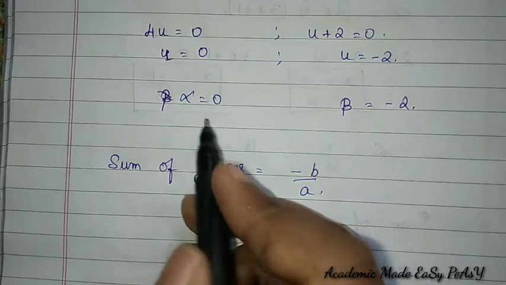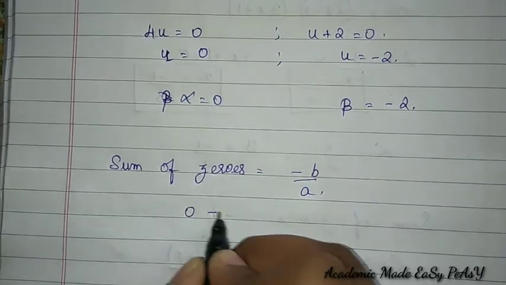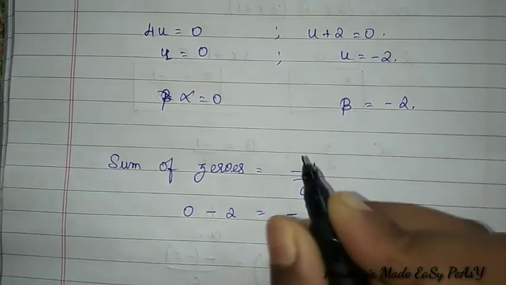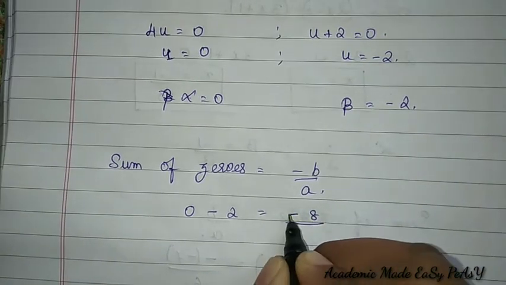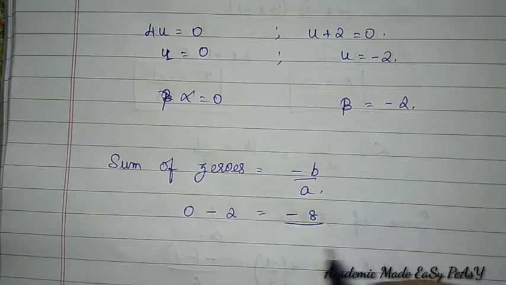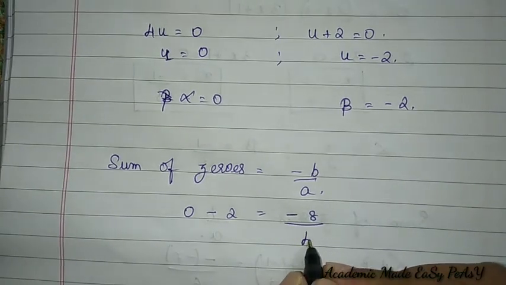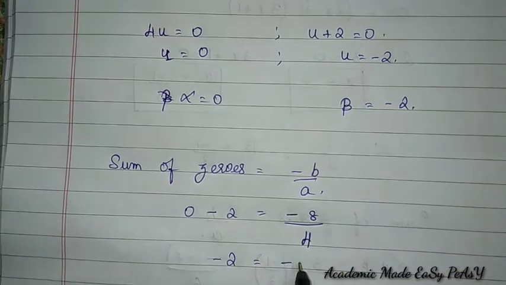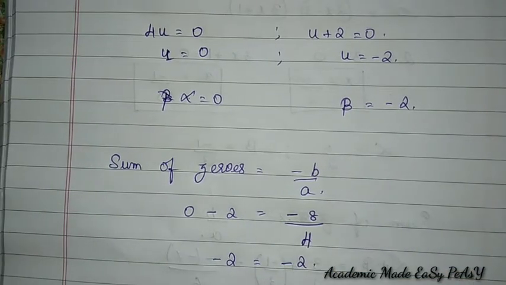So here sum of zeros 0 minus 2 is equal to, my b is minus 8, so plus 8. So minus is already there. So minus 8 divided by 4. So minus 2 is equal to, minus 8 by 4 is minus 2. So LHS is equal to RHS. So sum of zeros is verified.